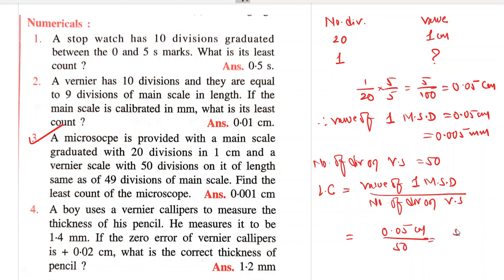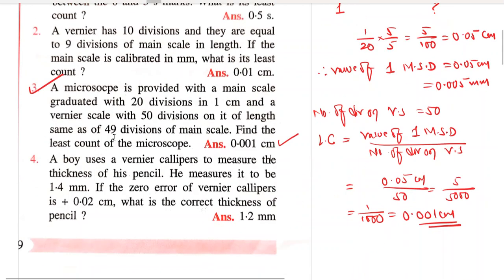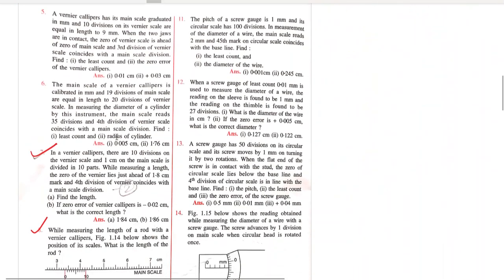So this will become 5 upon 5000, that is 1 upon 1000, which is 0.001 centimeter. This is the least count of your microscope, 0.001 centimeter, which matches with the answer over here. Right, so I hope you understood this. Let's move to the next question.